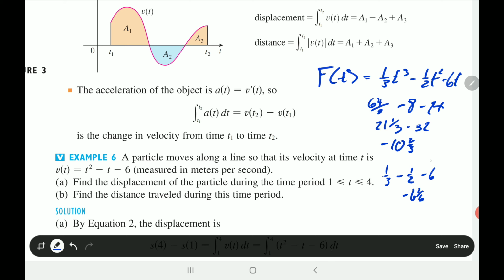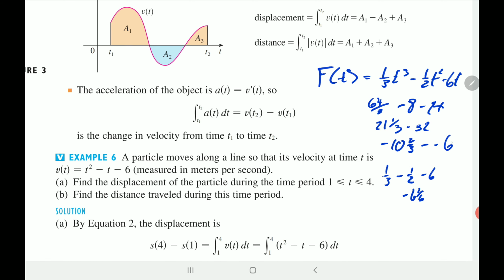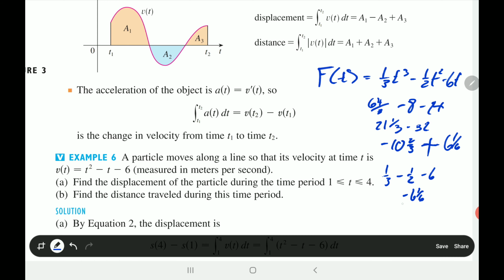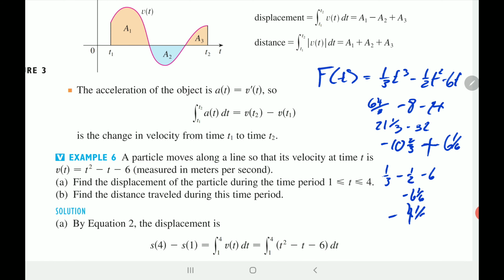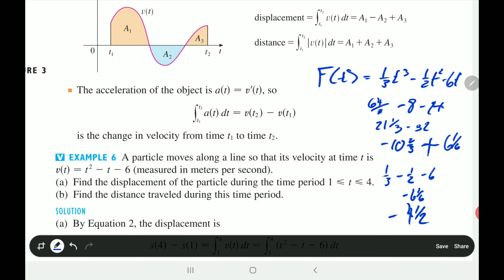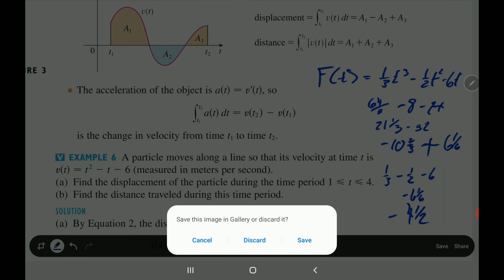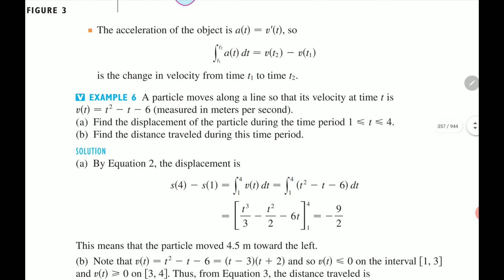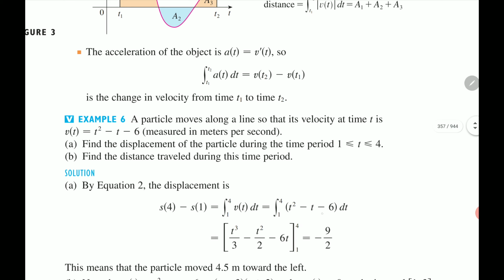I think so. So when I subtract negative 6 1/6 from that, that's going to become positive, which is going to give me a negative 4 1/2, which I think is the correct answer. Yeah, negative 4 1/2.